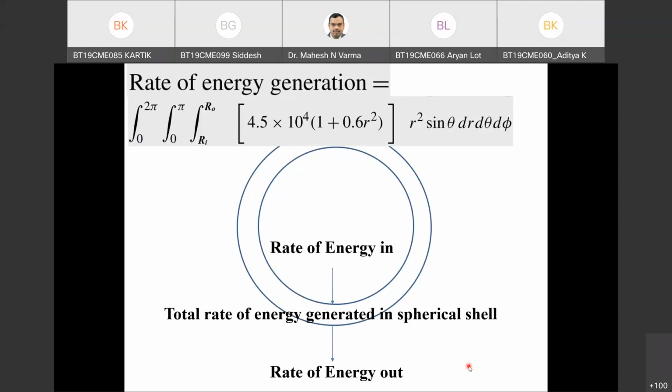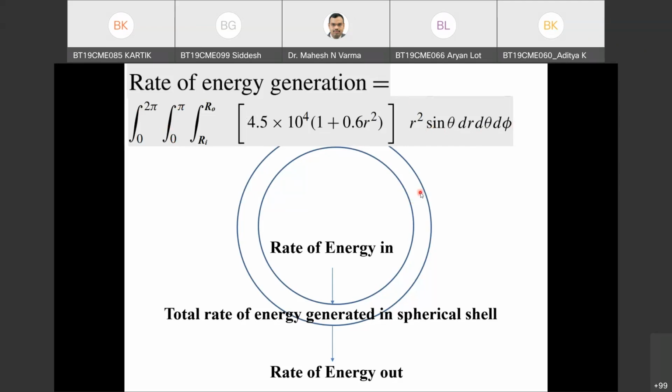Do you think whatever you are telling and this method is different? No, sir, it is not different. It is the same thing. If you integrate r square sin theta d theta d phi, from 0 to pi and 0 to 2 pi, whatever constant you are telling, you will get the same thing.